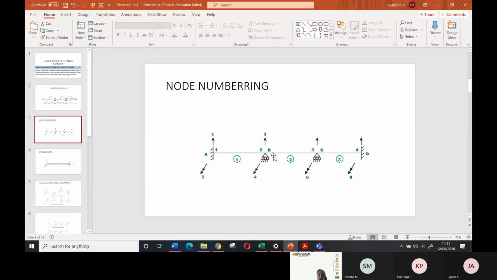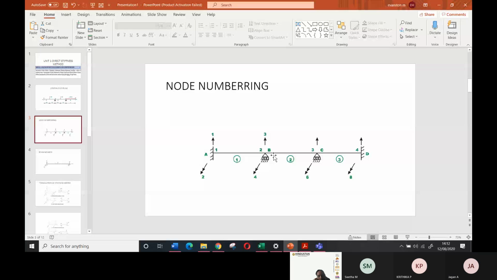These three types of support, and what is restrained and what is free, you should know. There is a word called restrained, and the opposite of that is free. So it is free to move, or something is restrained. You should know some inherent qualities of different types of supports. So can you start, Jagan, with what we learned today?